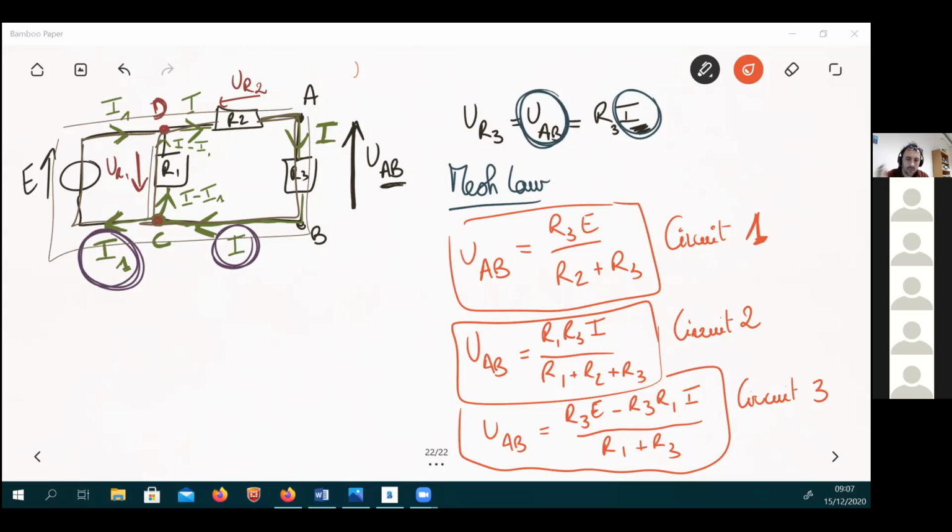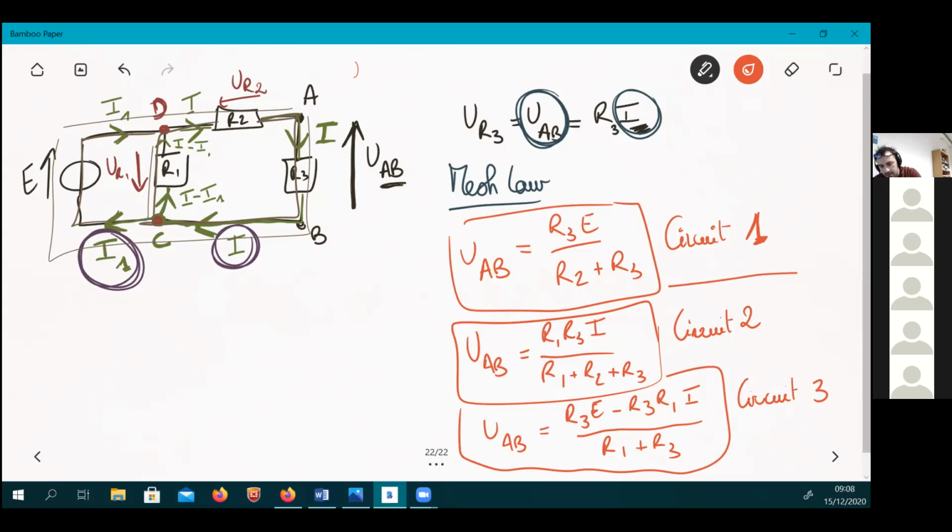Have a question? Sure, go for it. Are all of these values of UAB equal to each other? No, not at all. These are different circuits. But with us, if we can find different things? You shouldn't be finding different things.